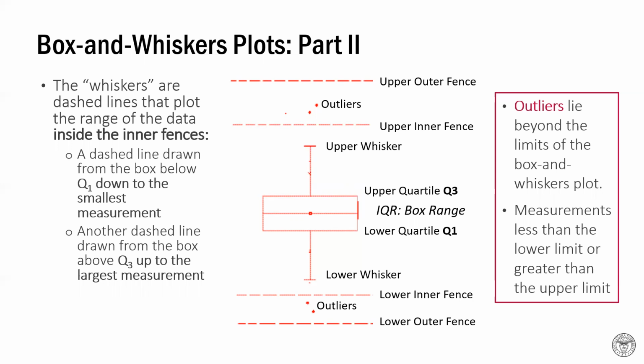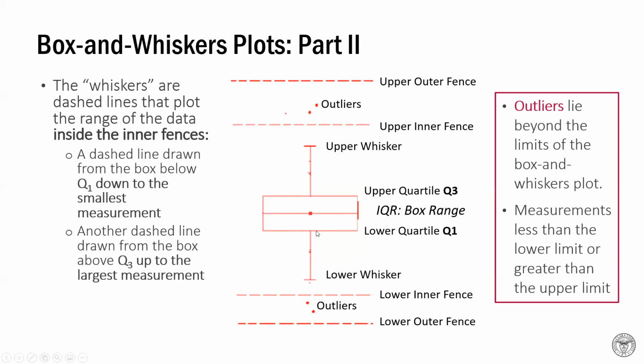Based on the information of inner and outer fences, we can then draw dashed lines from the first quartile to the smallest measurement, that is, the observation with the smallest value above the lower inner fence, and from the third quartile to the largest measurement below the upper inner fence.